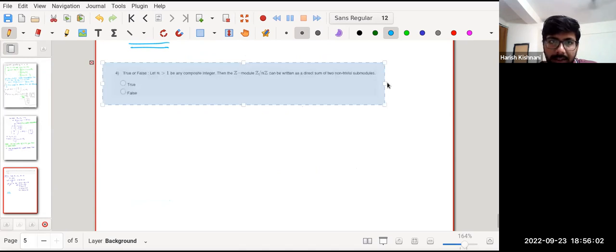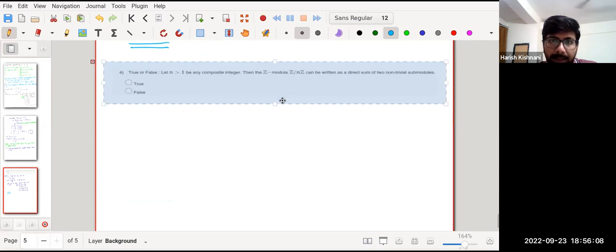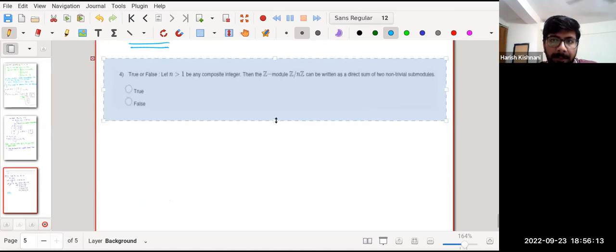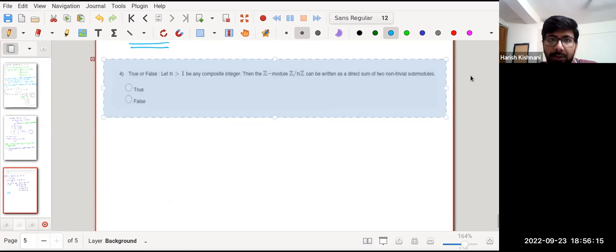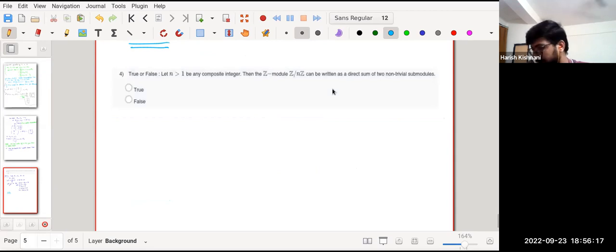It says: let n greater than 1 be a composite number. Then the Z-module Z modulo nZ can be written as a direct sum of two non-trivial submodules. So what do you think, is it always true? Any guess?